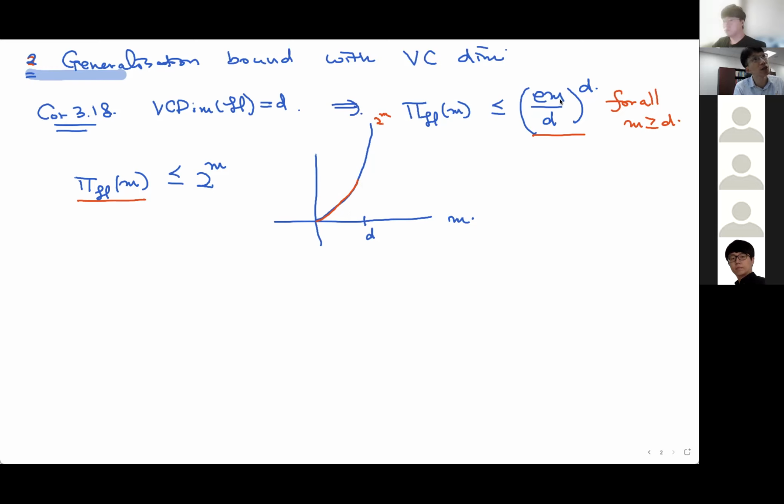If you look at the input m, it's a polynomial function. Maybe d is a high degree, but it's a polynomial function instead of an exponential function. So corollary 3.18 really tells us that up to d the growth function grows exponentially, but after d it grows polynomially, much slower than the exponential function.